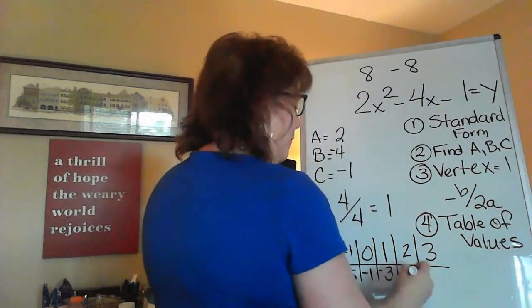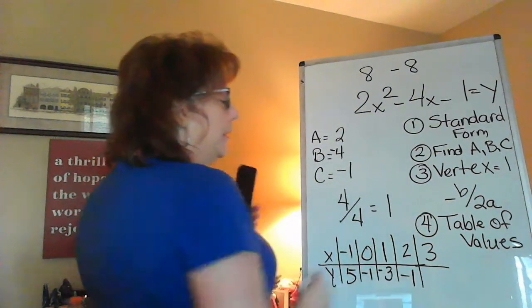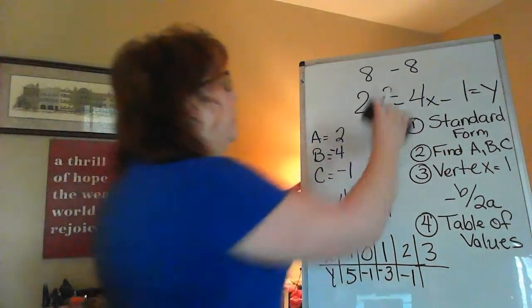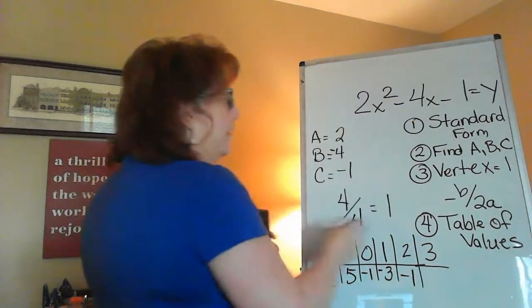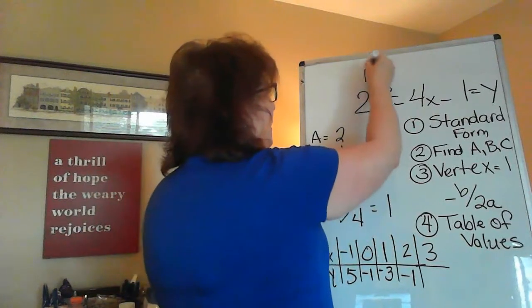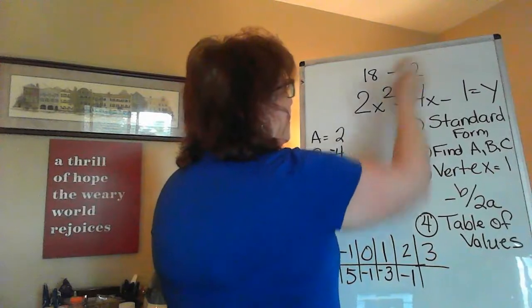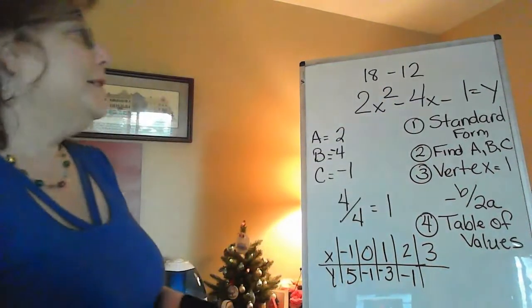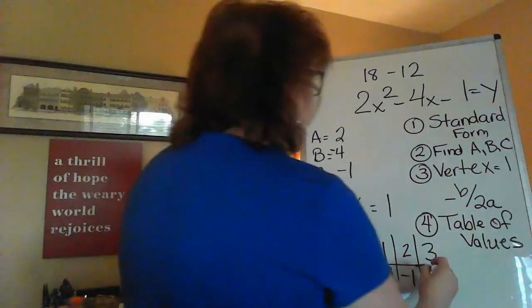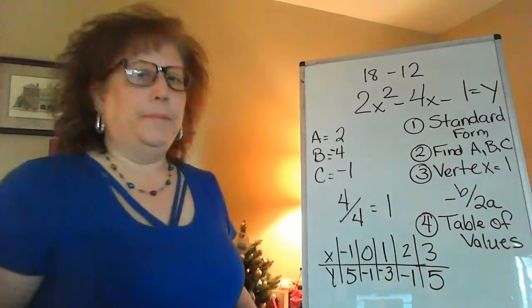We're left with a -1. Here's where we're starting to see our mirror image. And then the 3 times 3 is 9, times 2 is 18. And this is going to be minus 12, so that's going to be 6 minus 1 is 5. There's our other mirror image.